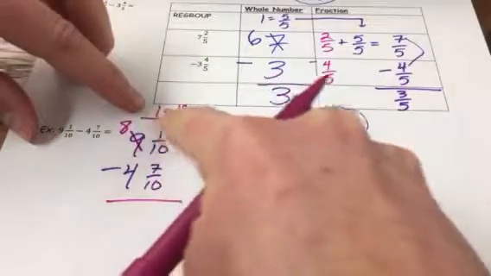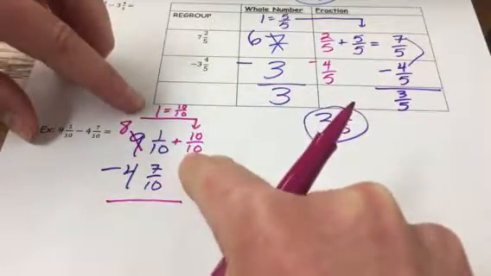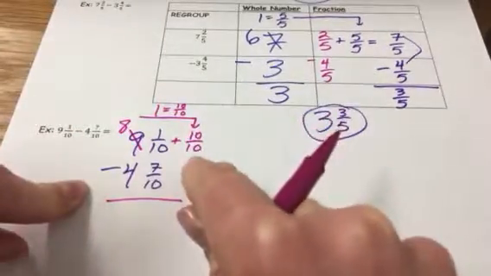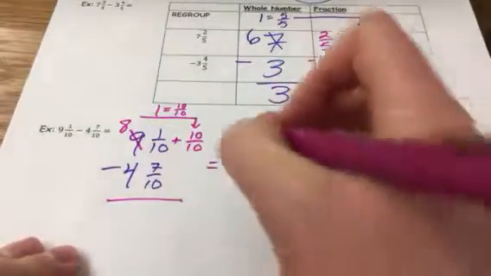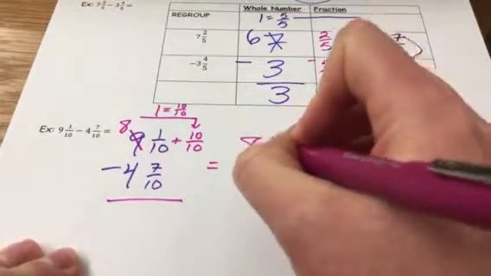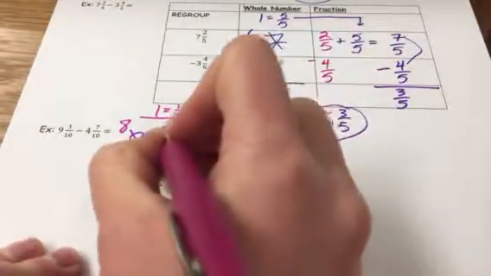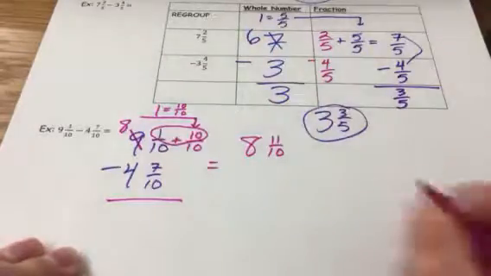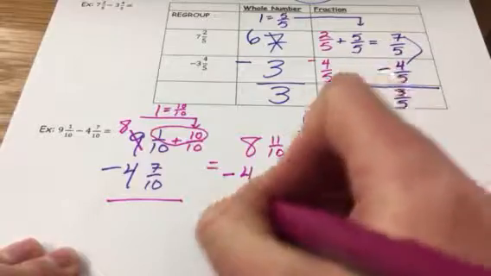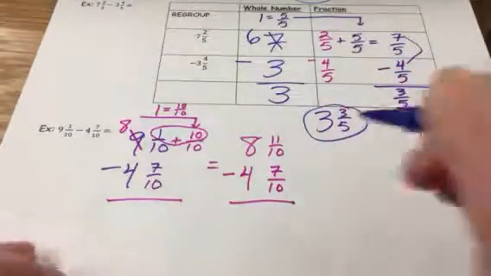So that one thing comes over, and when I drop it into my fractions column, poof, it becomes 10/10 because that is equal to 1. And now I'm going to rewrite this. So this has now become 8 11/10 because 1/10 plus 10/10 is 11/10 minus 4 7/10.